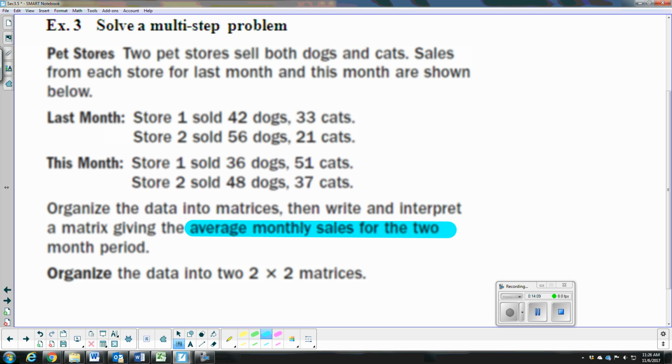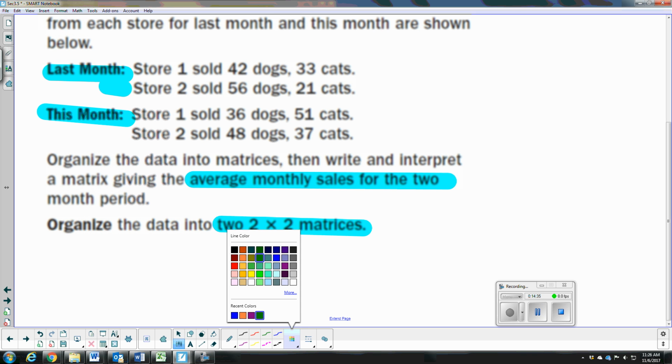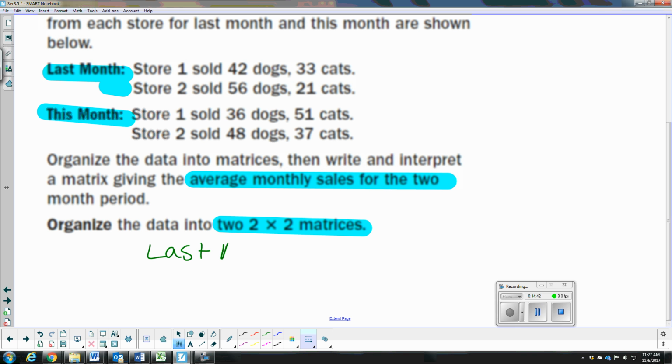So that tells us that we're going to have 2 matrices. One is going to be month 1, last month. And one matrix is going to be this month. Okay, so let's organize this into matrices. It says organize the data into 2 by 2 matrices. Okay, so this first one is last month.